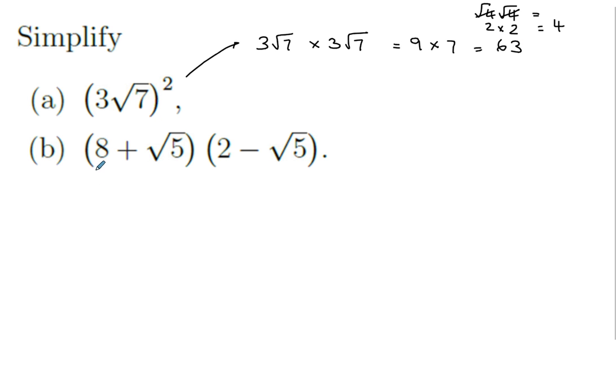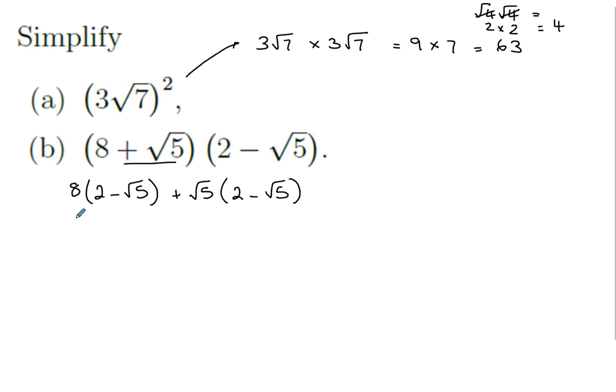Here it really helps to know how to expand double brackets, and I love my way, so I'm going to brainwash you. We always pretend that's a unit, so then we're multiplying 8 by the whole thing, 2 minus surd 5, and then plus surd 5 times that whole thing.